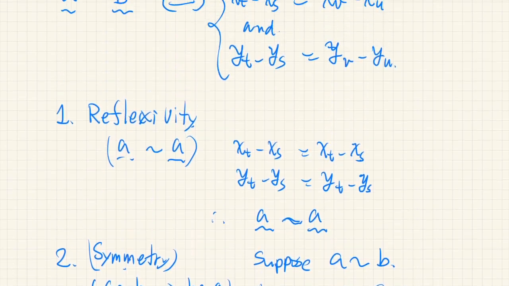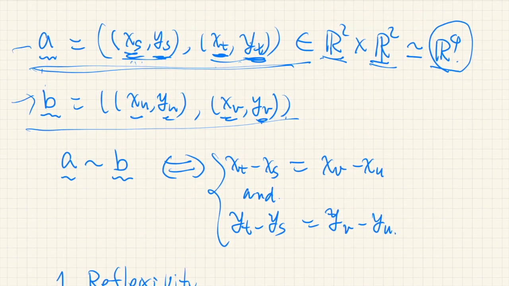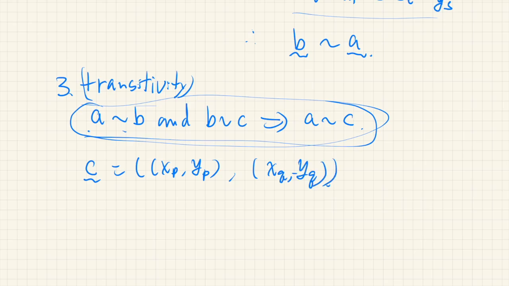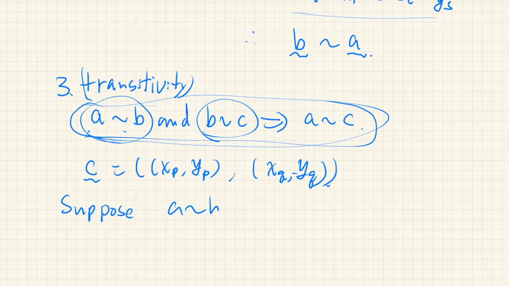Suppose in addition to this A and this B, we have another arrow C defined as xp and yp and xq and yq. So another point is this. Suppose A is equivalent to B and B is equivalent to C.